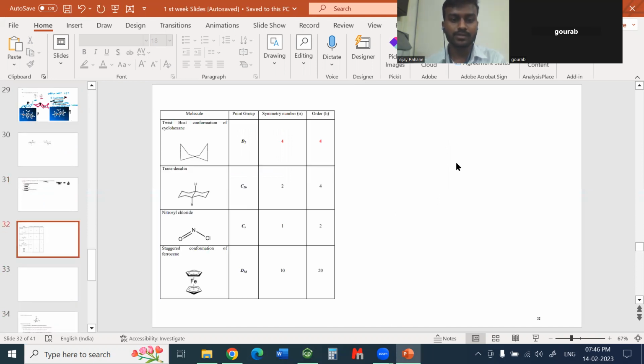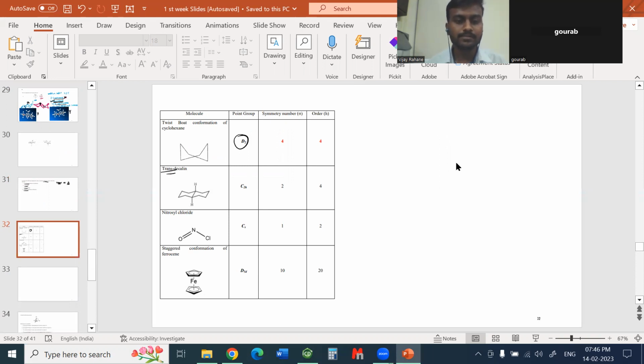I have drawn these. We'll go a little fast for this molecule since we have already seen it many times in similar structures. The twist boat belongs to D2, right?